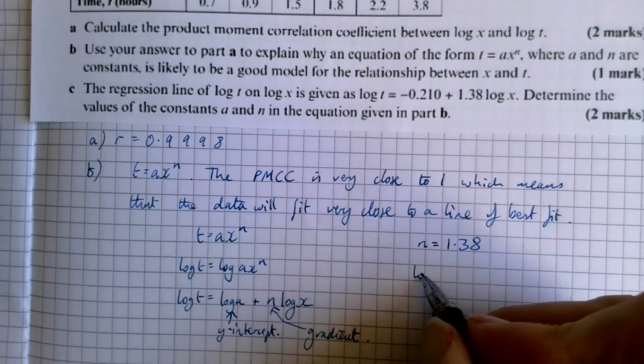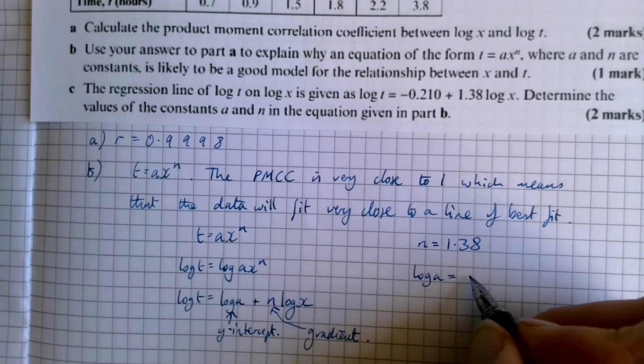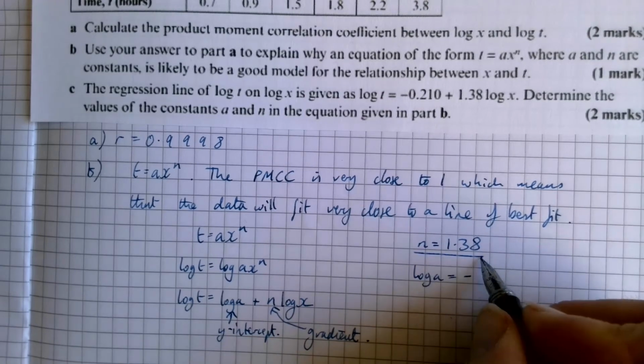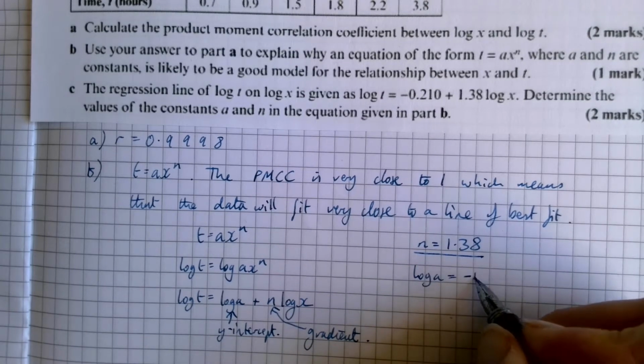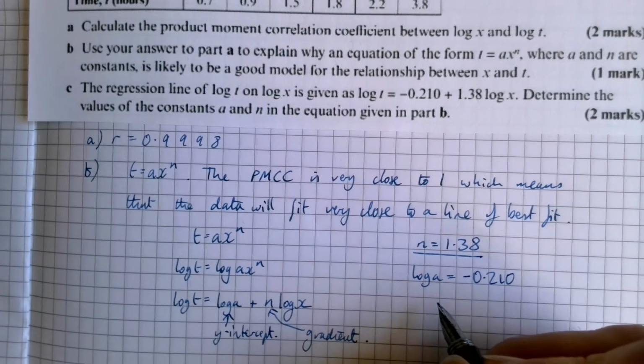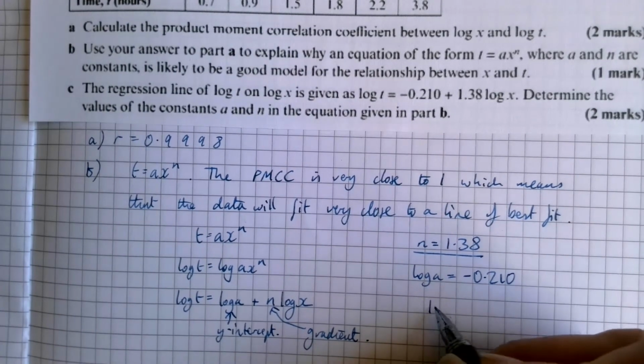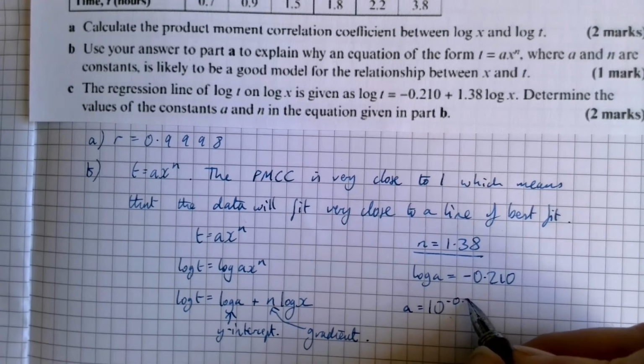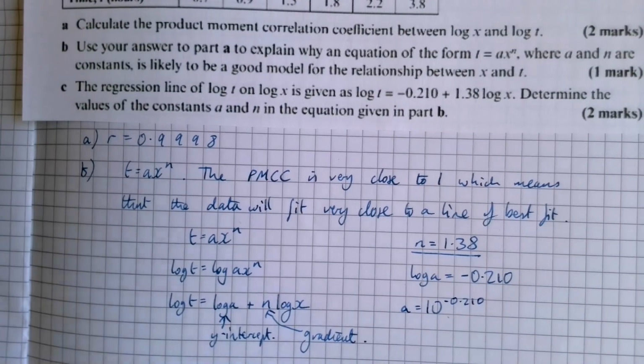And then we also know that log a is going to be equal to negative 0.210. So remembering our logs means 10 to the power, a is going to equal 10 to the power negative 0.210.